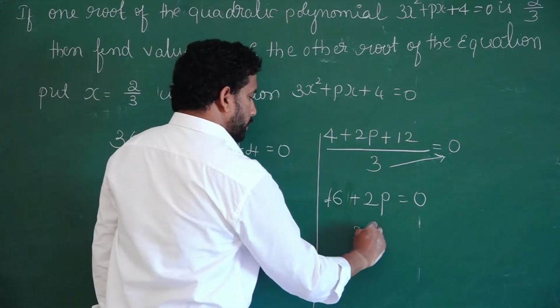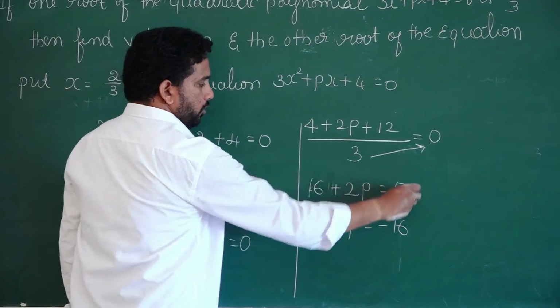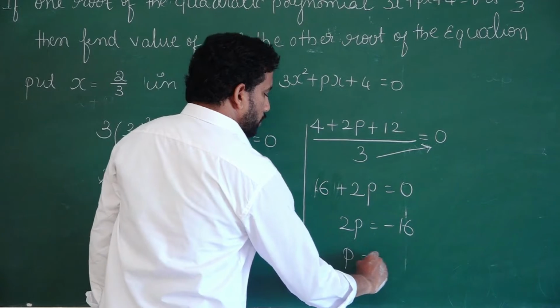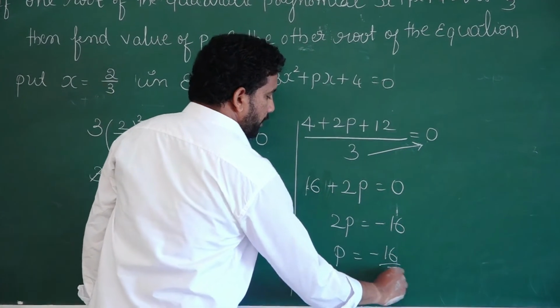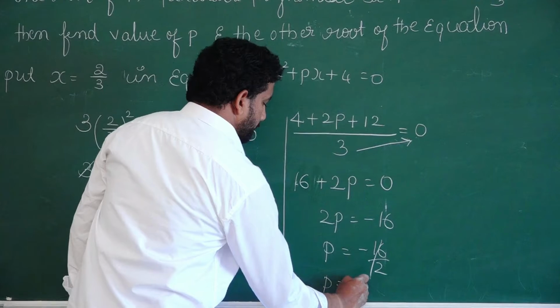Then 2p is equal to minus 16. So this plus 16 goes to the right hand side and becomes minus 16. Then p is equal to minus 16 divided by 2. So we get p is equal to minus 8.